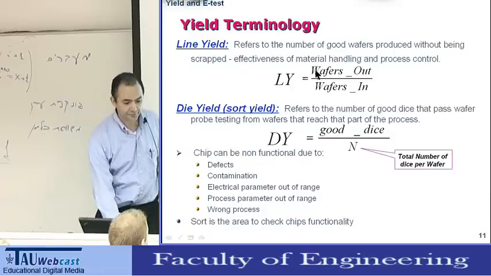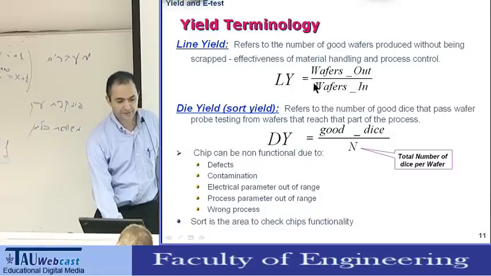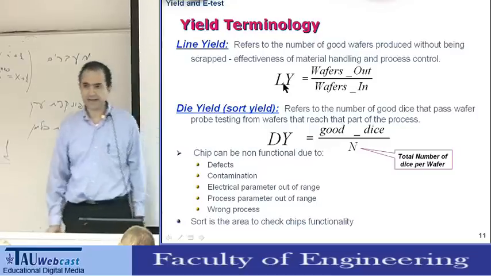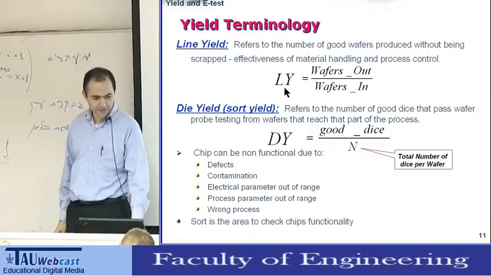Eventually, the number of wafers out of the fab divided by the number of wafers in is defined as the line yield.